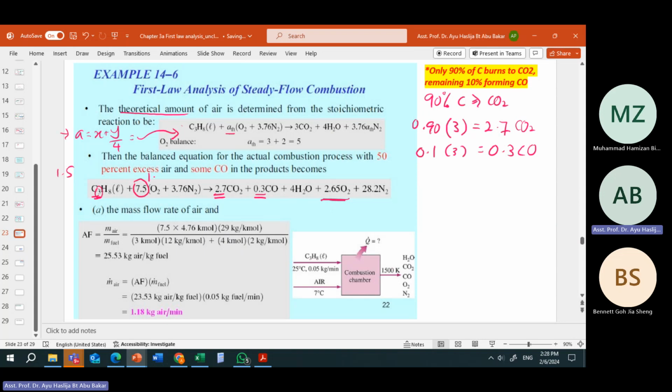So 1.5 multiply by 5. Okay, so to get this, try to balance. Balance. Betul. This one kena balance.